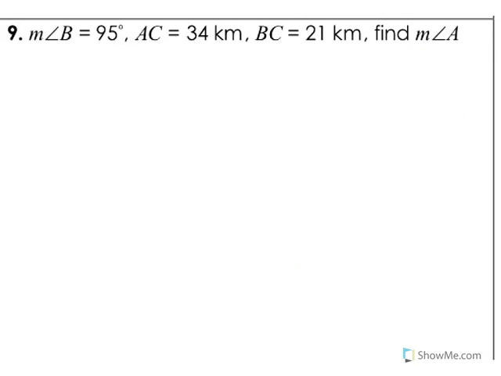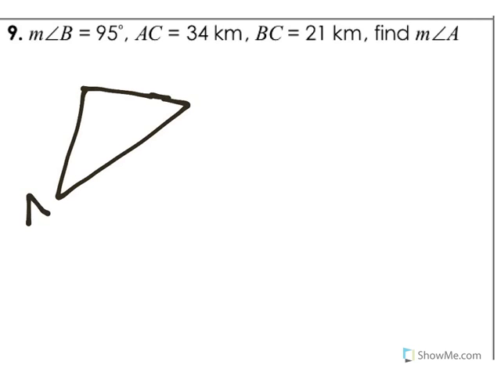Okay? So, now let's go to number 9. We're going to first draw our triangle, and then we're going to label A, B, C. Now we have measure B is 95 degrees. We have AC is 34 kilometers. BC is 21 kilometers.